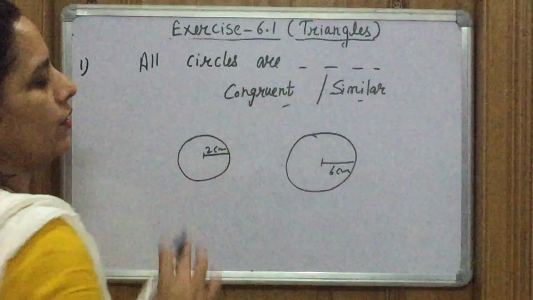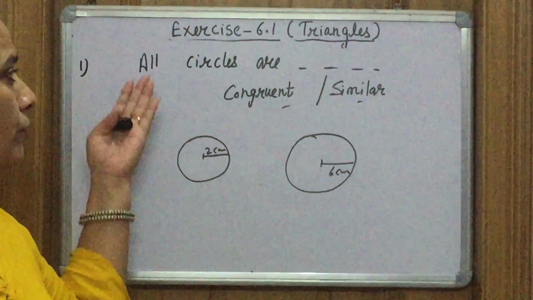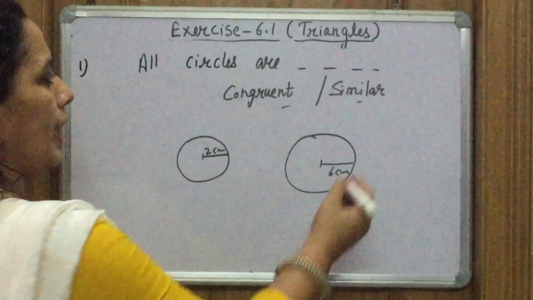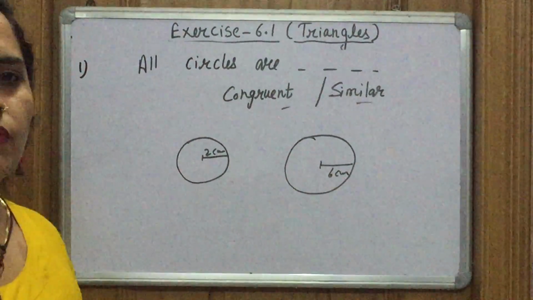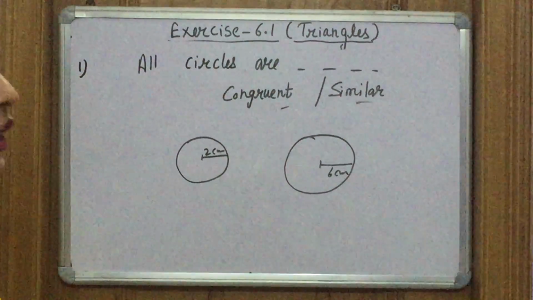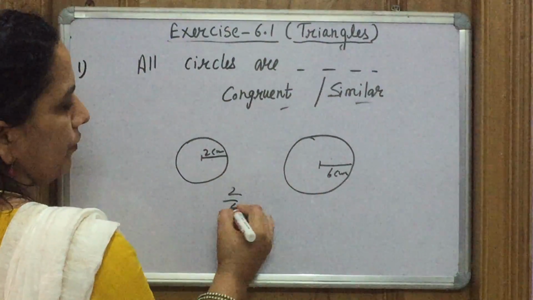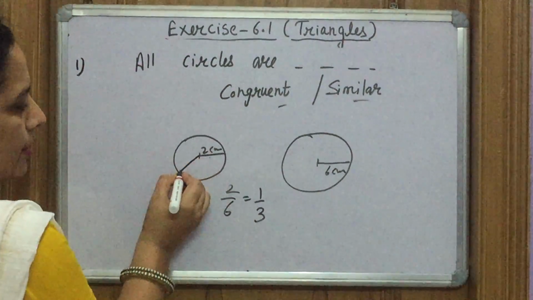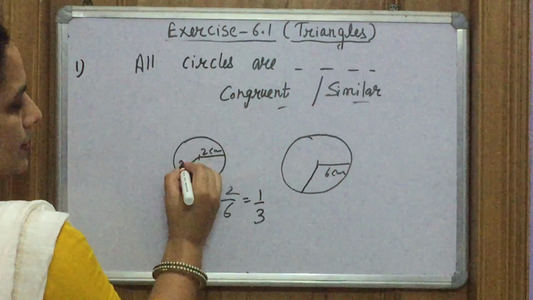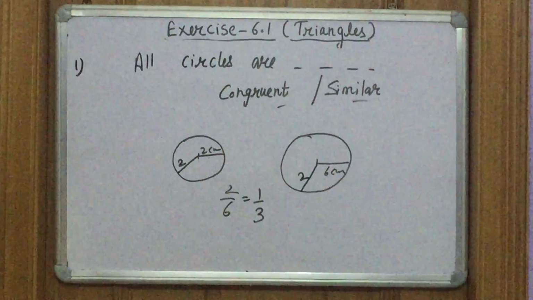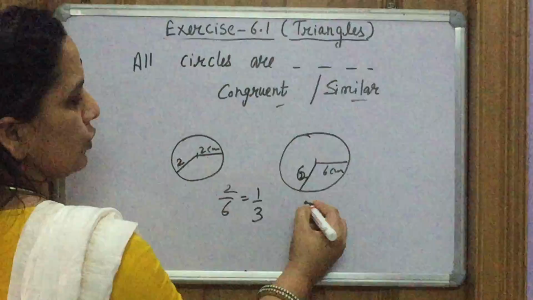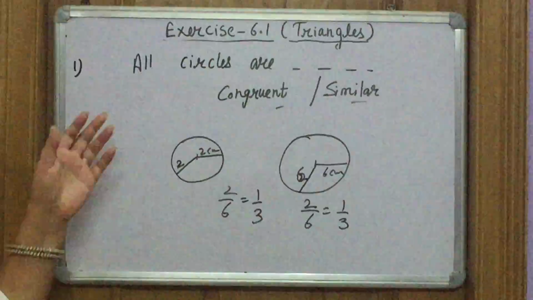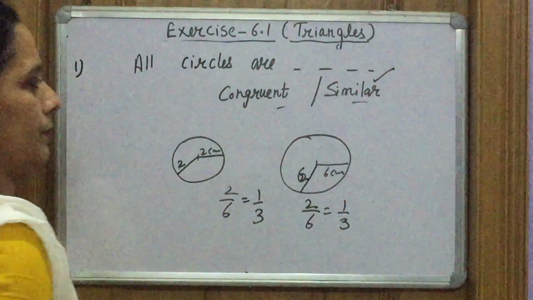And here you are asking about all the circles, so you can take different radii. For similarity, angles must be equal but sides will be in the same ratio. You can find the ratio, it will be 1 by 3. If we take any other radius, the ratio of these two sides will also be equal to 1/3. So we can say that all circles are similar.